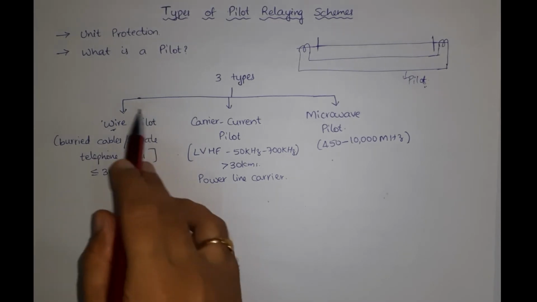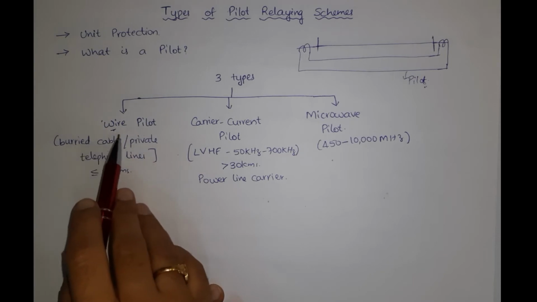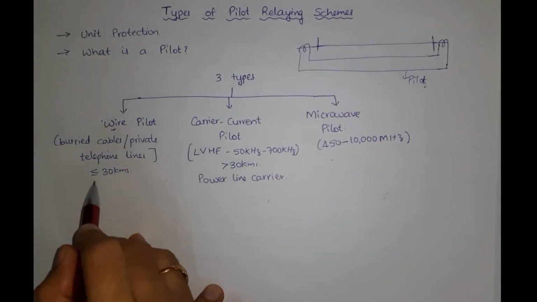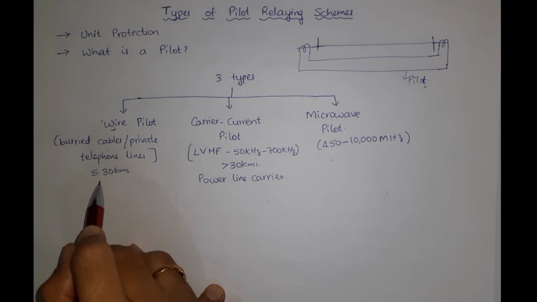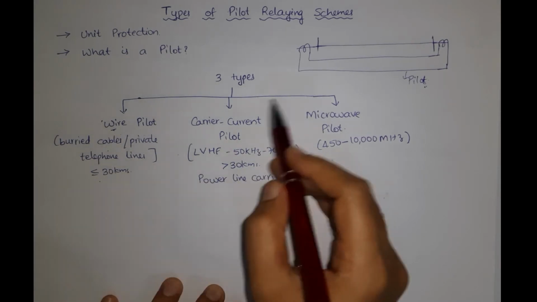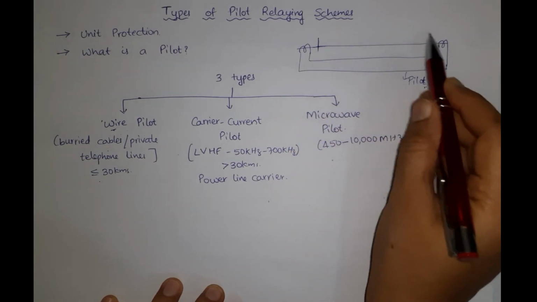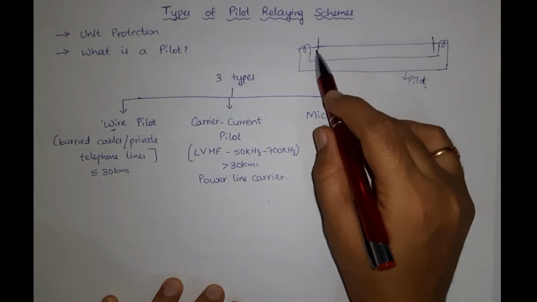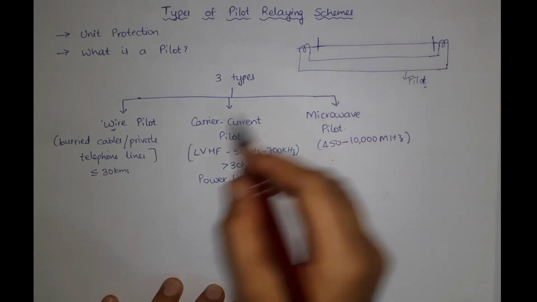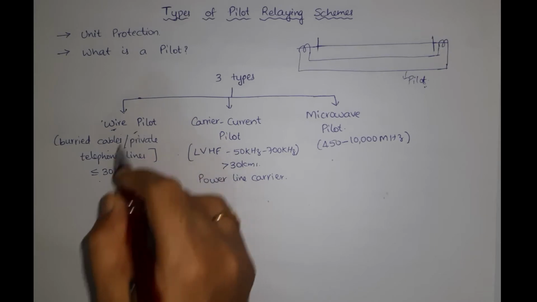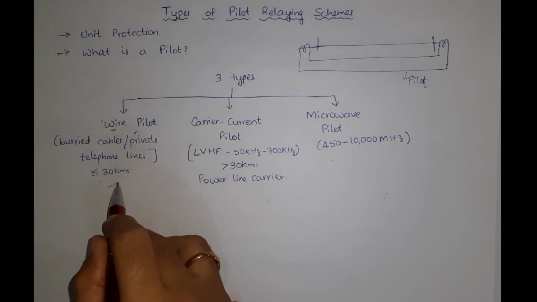This wire pilot is economical for protection of transmission lines up to 30 kilometers, right? We need a certain length of wire to interconnect that particular unit of the power system, so it is economical for protecting transmission lines up to 30 kilometers.